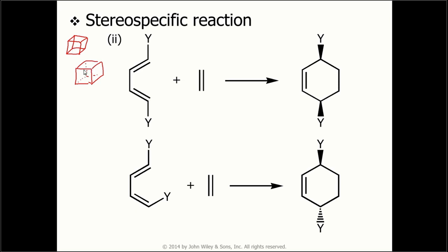The diene is going to be the top part of this cube. The dienophile will be down here at the bottom right. My Y groups come out this way. Notice how I'm keeping all my lines parallel. This carbon Y bond, in each case, is parallel to the carbon-carbon bond in the dienophile.